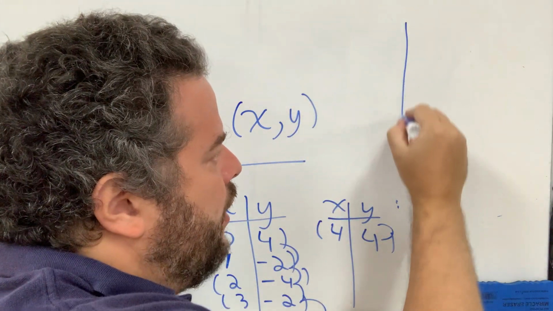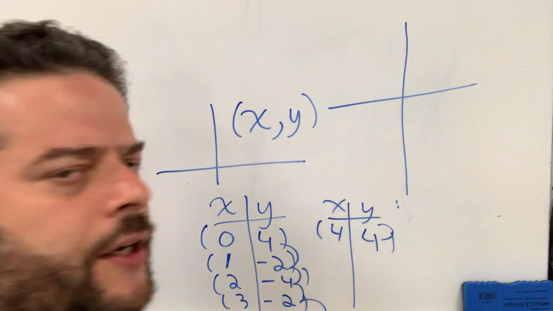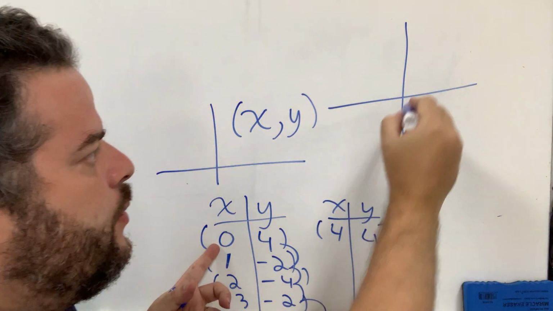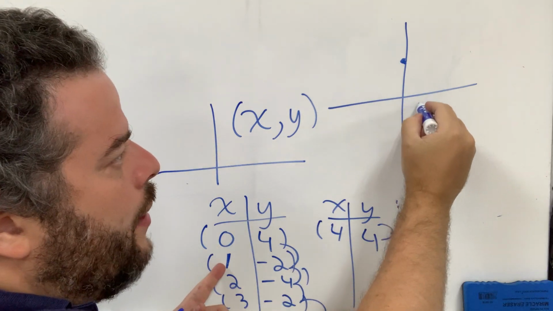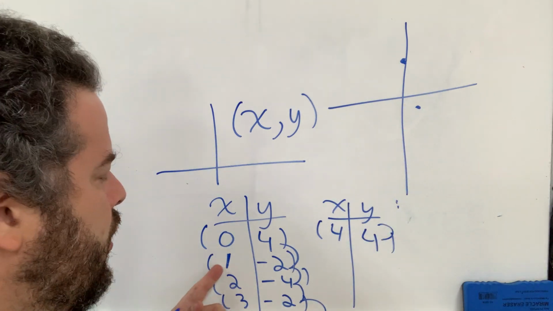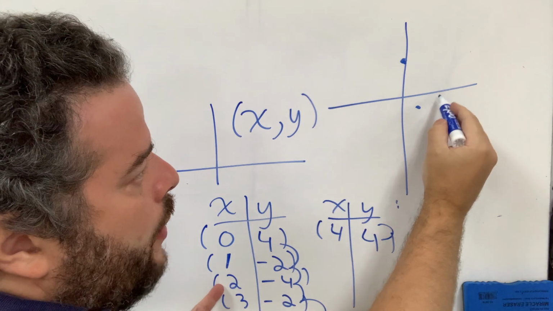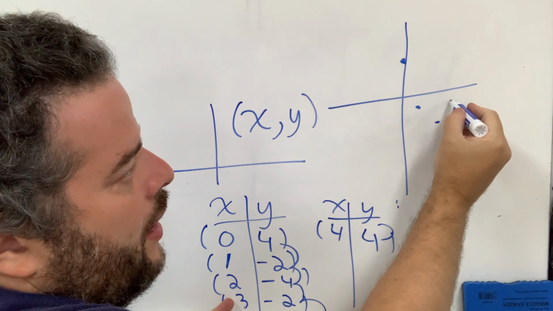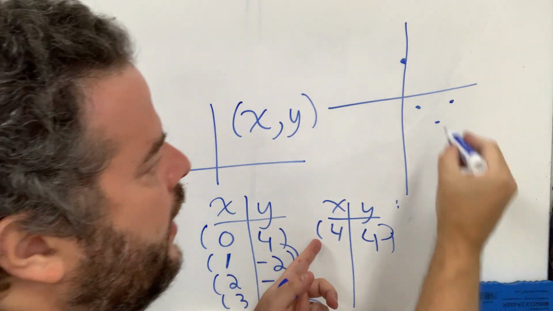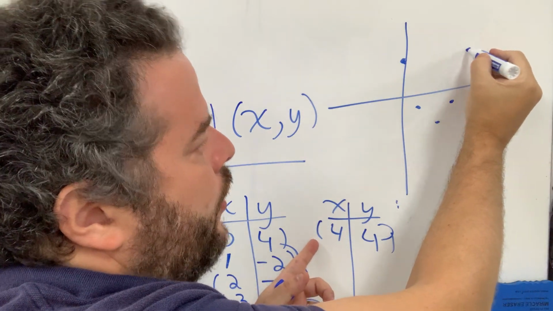Now, again, I'm sorry I don't have a ruler here, but let's say this is 0, 4, more or less here, 1, negative 2, more or less here, 2, negative 4, more or less here, 3, negative 2, and 4, 4.